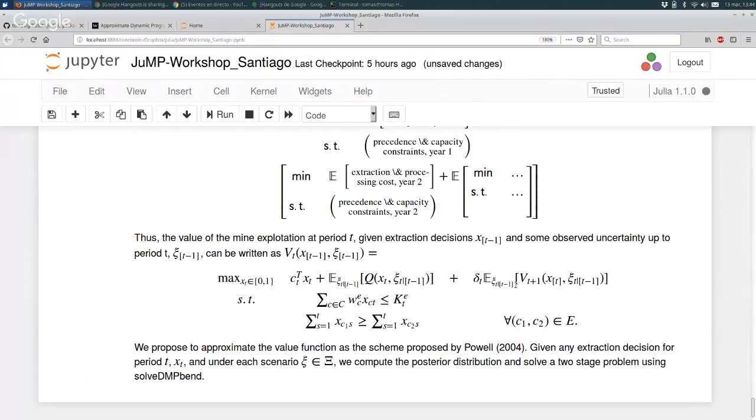And what we do is use two-stage formulations to solve the remaining blocks in the mine, but conditioned on what you observe and how it affects the parameters of your distributions. The problem is that now you have a maximization over here and an expected value, and you cannot take that out without some strong condition. The conditions are not met because of the endogenous uncertainty here.